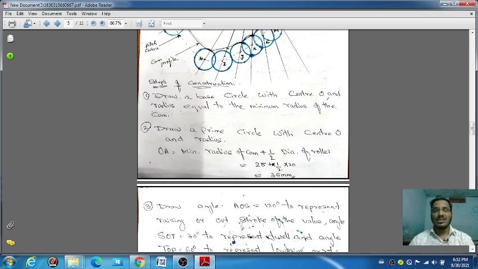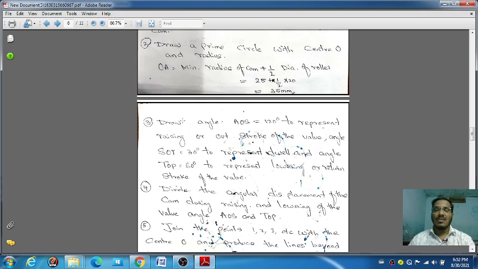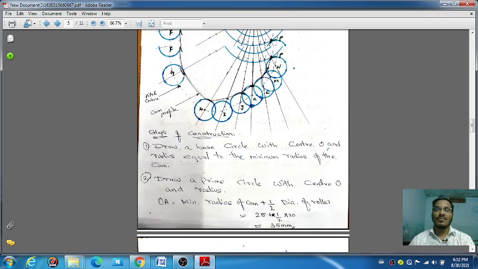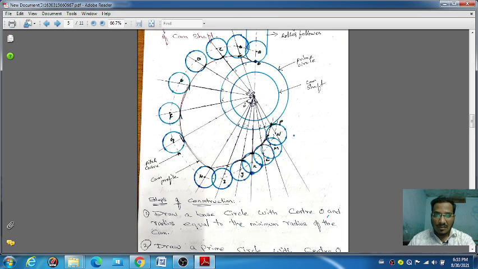Next, draw an angle AOS to represent the outstroke, 30 degree to represent the dwell, and 60 degree to represent the return stroke. So here we have to put the protractor at this axis.